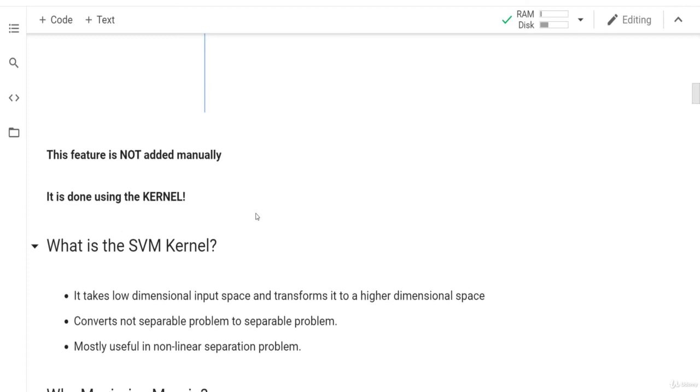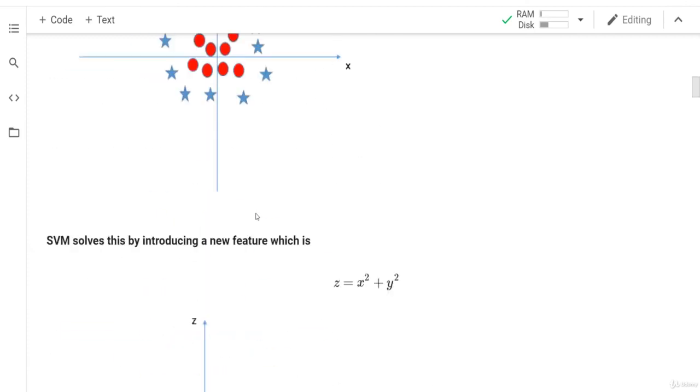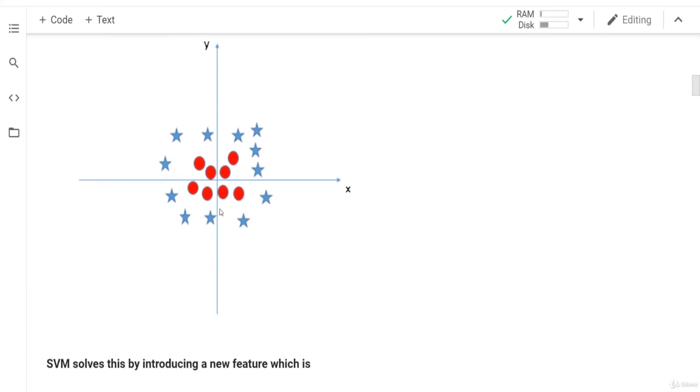The kernel idea is mostly useful in a situation like this, when we have some data points and we want to separate the two classes from each other, and we can see that there is a pattern to separate them, but we cannot do this in linear space.